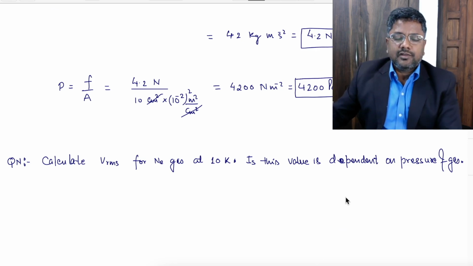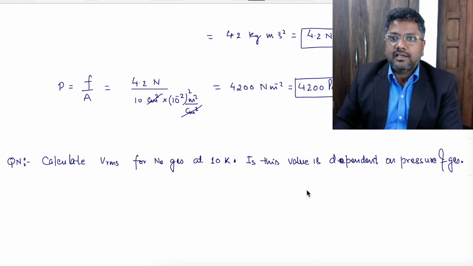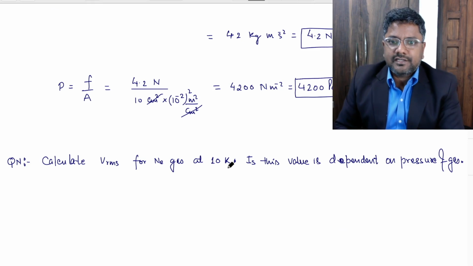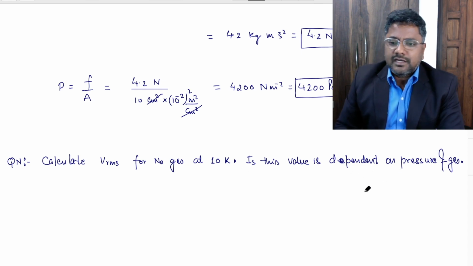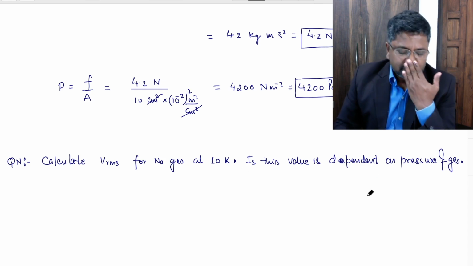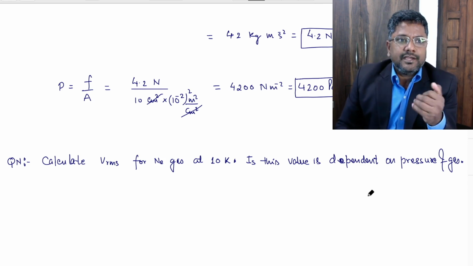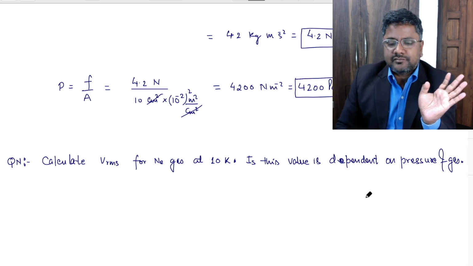Now see, calculate the VRMS for neon gas. Another question: neon gas at 10 Kelvin. Is this value dependent on the pressure of the gas? So the answer is no, because you know VRMS is equal to root of 3RT by M. So it is independent of pressure, right?